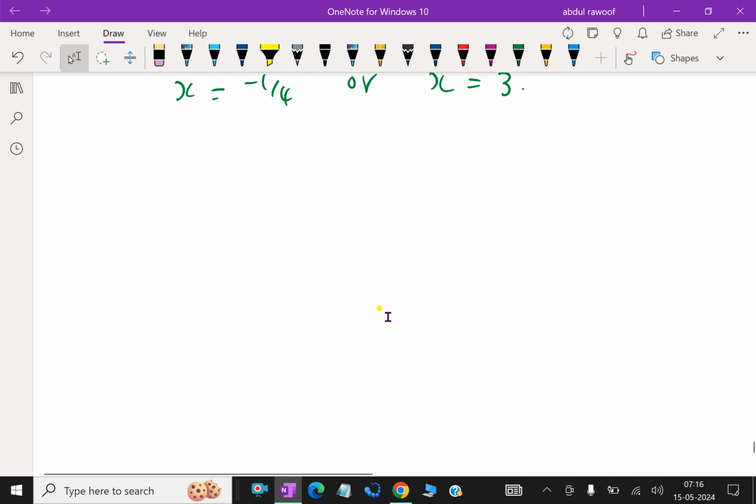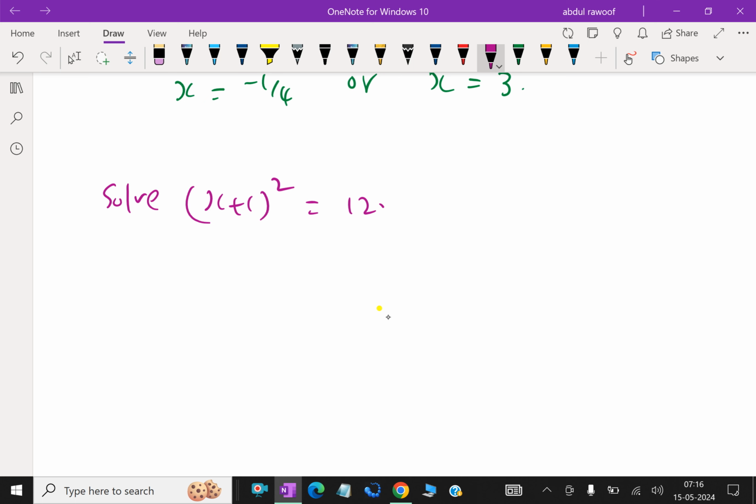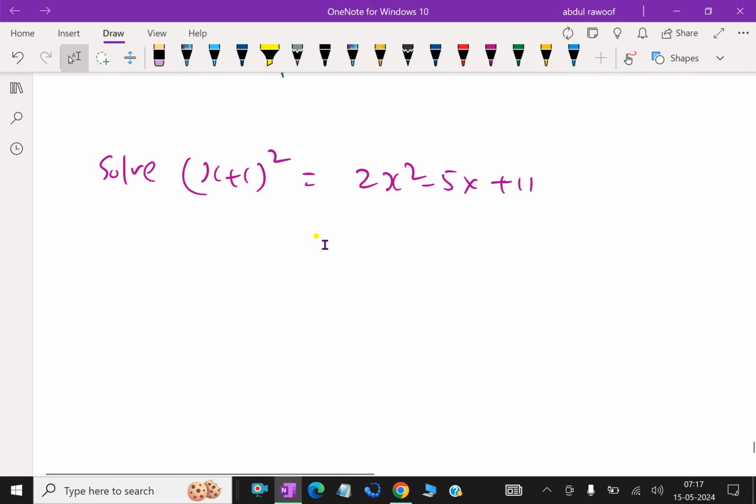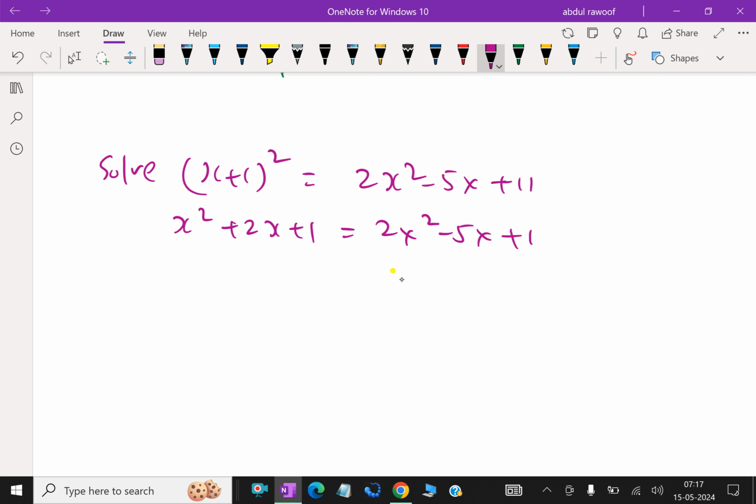Now further more examples, look at here. Solve x plus 1 whole square equal to 2x square minus 5x plus 11. Here x plus 1 whole square is expanded by the binomial formula: x square plus 2x plus 1 equal to 2x square minus 5x plus 11.